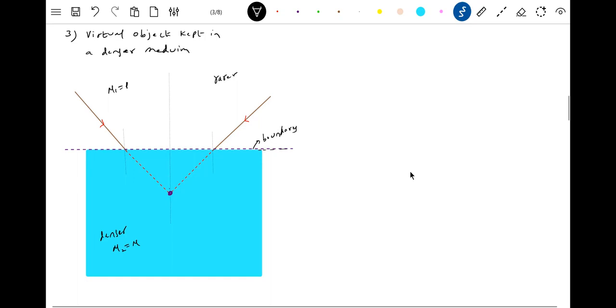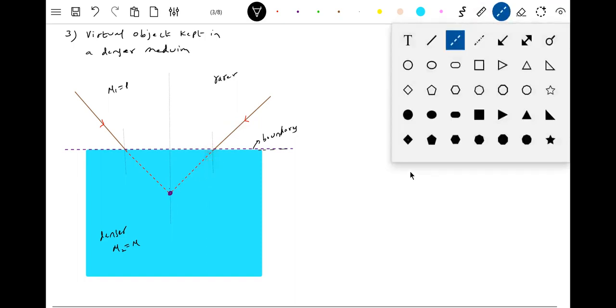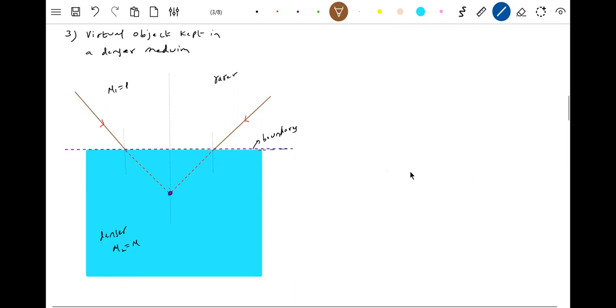Now what will happen? We know the rays are moving from rarer to denser, so they should bend towards normal. So the rays here after refraction will bend and they will try to meet at this particular point.